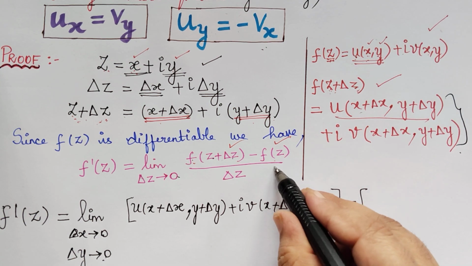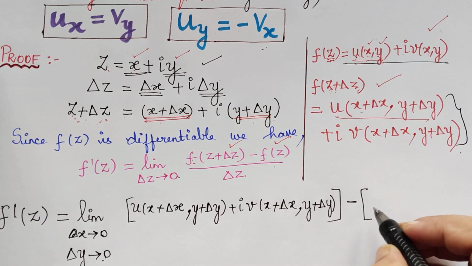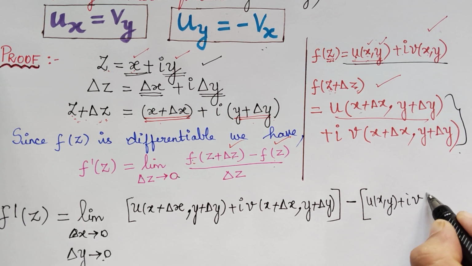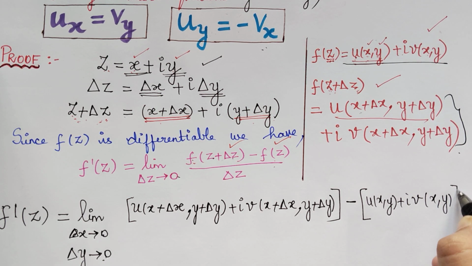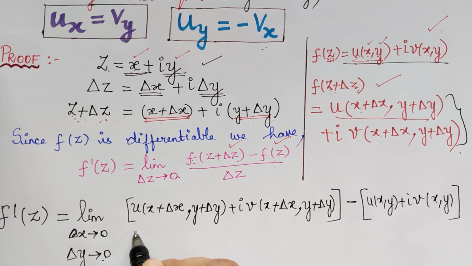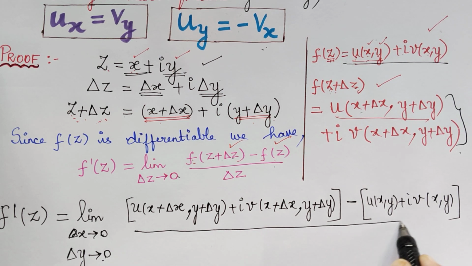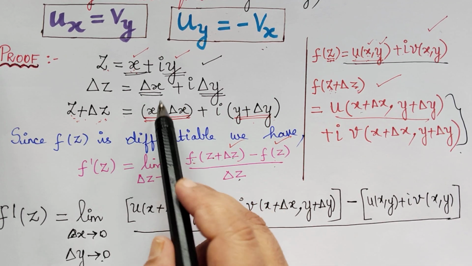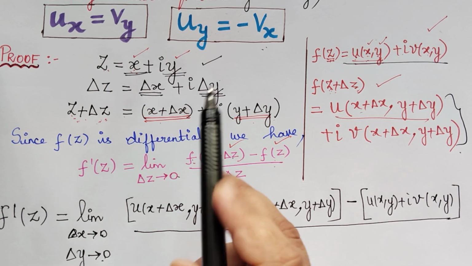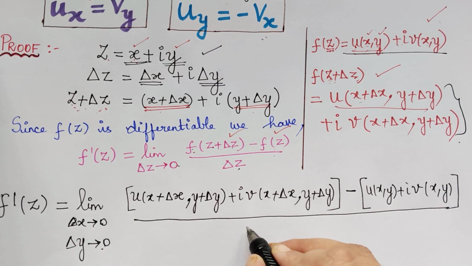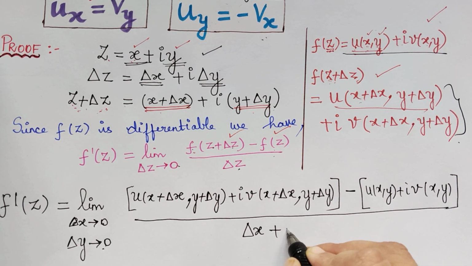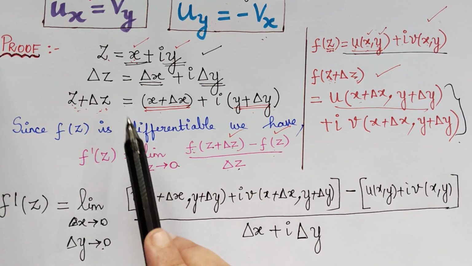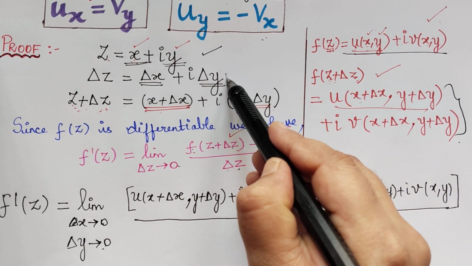Minus f of z we have to write, which is this one: u of x comma y plus i multiplied with v of x comma y. So this is f of z. The whole divided by delta z. But what is delta z? It is equal to delta x plus i delta y. So we shall replace that also. So delta x plus i delta y. So we have substituted delta z as delta x plus i delta y.